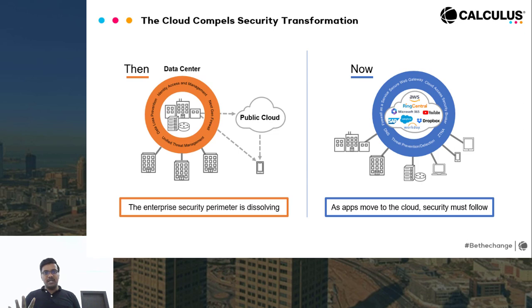But the security perimeter is dissolving as apps move to the cloud, as workers access the apps from laptops, phones, from their homes, and from Starbucks or from a hotel, and it's mandatory for security to follow them as well. So we move all security functions which were delivered from on-prem to the cloud as well to support this change, right? Also, in addition to moving these security functions, there are also new things added in, such as zero trust network access, ZTNA, right? You would have definitely heard this term, and cloud access security broker.